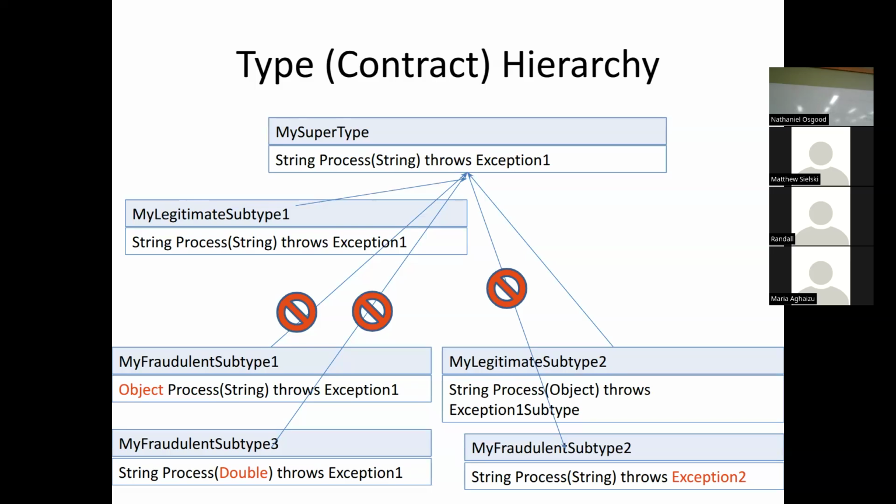Here, my legitimate subtype 2 overrides process. You pass it something that's secretly an instance of a subtype, as if it were an instance of my supertype. And if you call process, it's going to call the one on the actual type you passed. That's overriding.